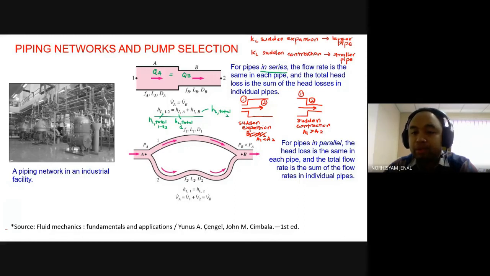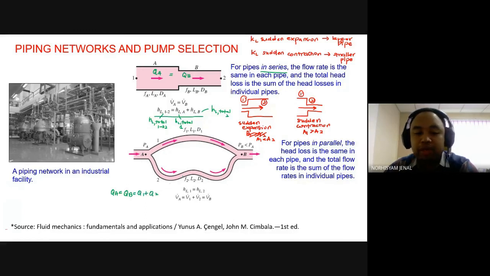So for pipes in parallel, the head loss is the same in each pipe and the total flow rate is the sum of the flow rates in the individual pipes. So the volume flow rate QA should be equal to QB. Why? Because A and B are both single pipes. Here we have the branches. If the branches are called 1 and 2, then it is equal to Q1 plus Q2.